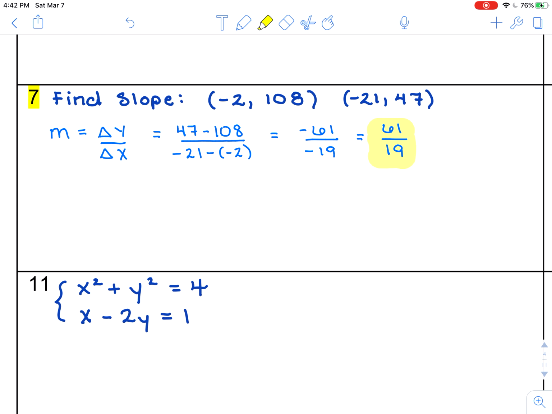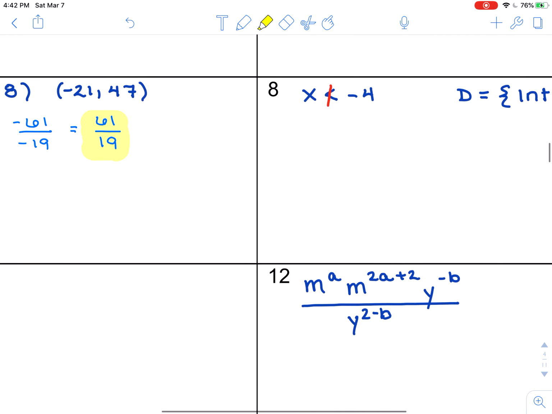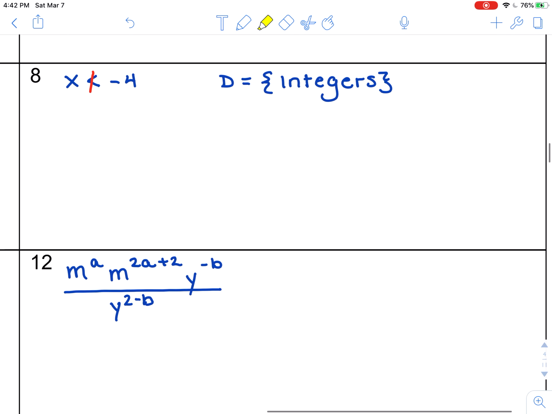So that is it for number 7. I'm going to have you go ahead and scroll over to number 8, just to the side. And this is from our most recent lesson that we just learned the past week. So I want to go through this one with you to make sure, since we haven't had a lot of practice. You'll recall that when we see that big red slash through the inequality, that it's telling us it's negated.